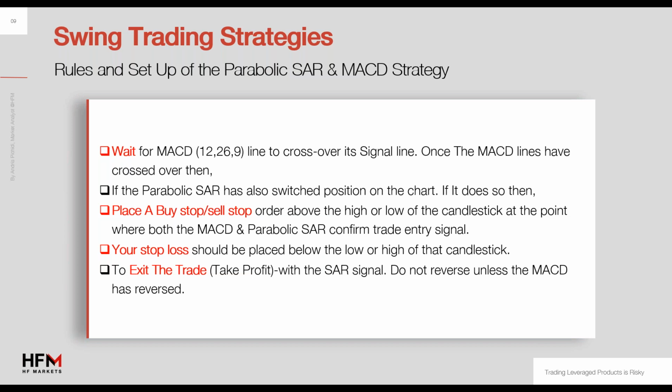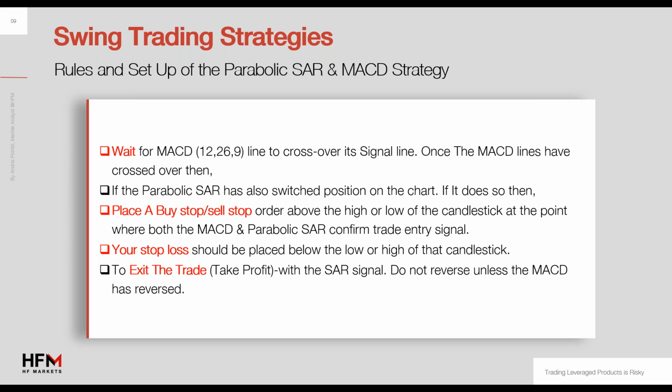So you need to apply the Parabolic SAR on your chart. You need to apply the default MACD, which is 12, 26, 9, okay? And wait until you see the MACD lines cross over the signal line. Once you see the MACD lines crossing over, then you can go to your price action and check what the Parabolic SAR is pointing.